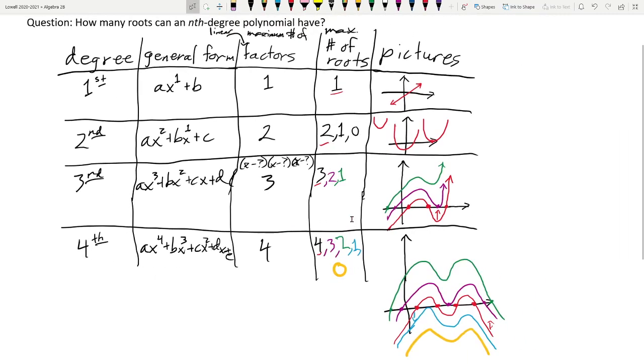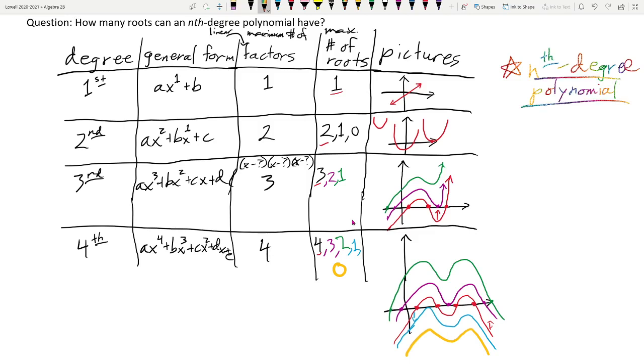That was a doozy. So this is actually very interesting. I think it's quite clear that for any nth, and this is so important, we're going to put it in rainbows, for an nth degree polynomial, the maximum number of roots is n.